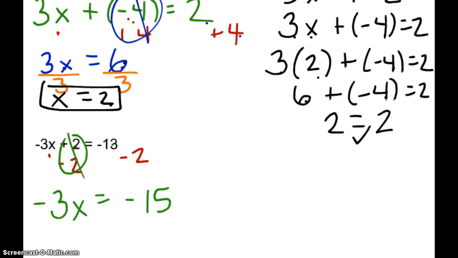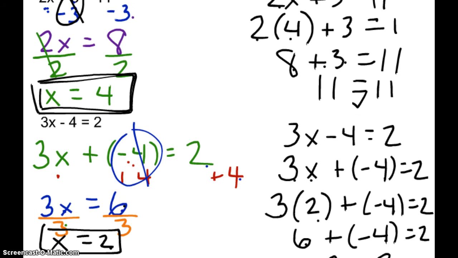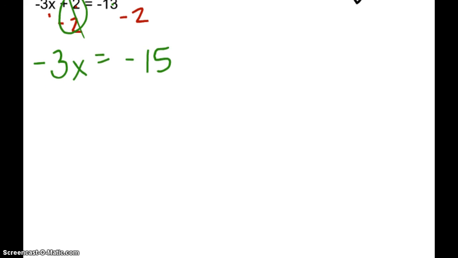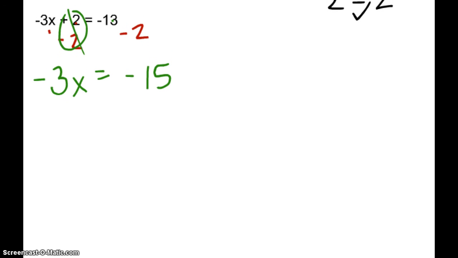So just like we did up here, we divided each side by 3, and up here we divided each side by 2, we're going to do the same thing here. We are going to divide both sides. Instead of by 3, let's divide by negative 3.